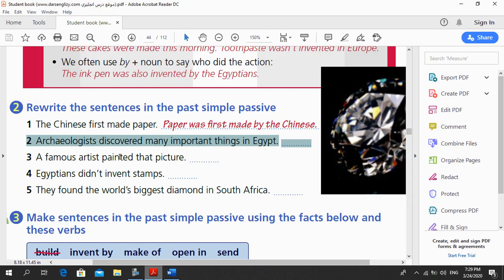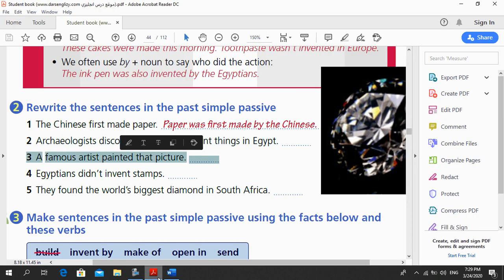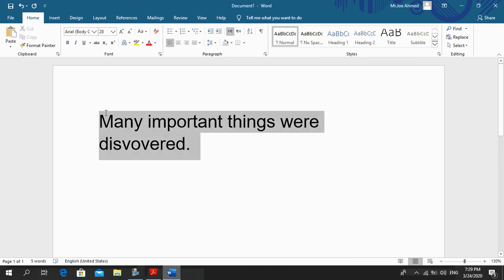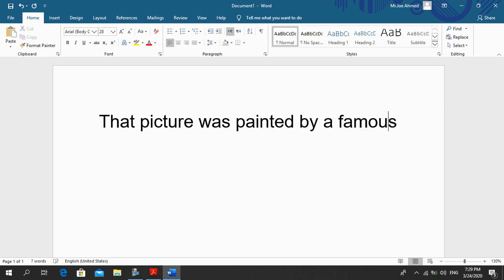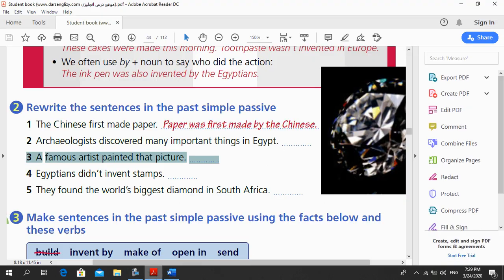A famous artist painted the picture. That picture was painted by a famous artist. Egyptians didn't invent stamps.